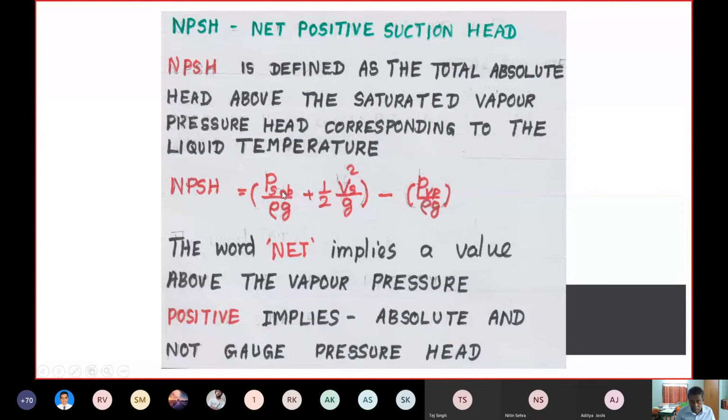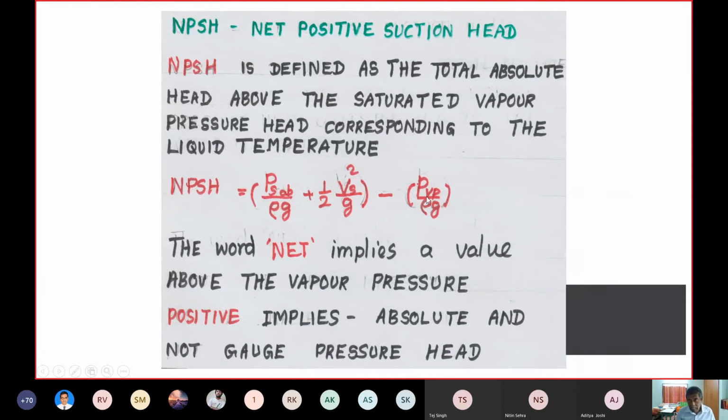That means at the suction point S, you find the absolute pressure divided by rho g, so this pressure head, plus the velocity head, because it is the total head, static head plus dynamic head: v square by 2g.